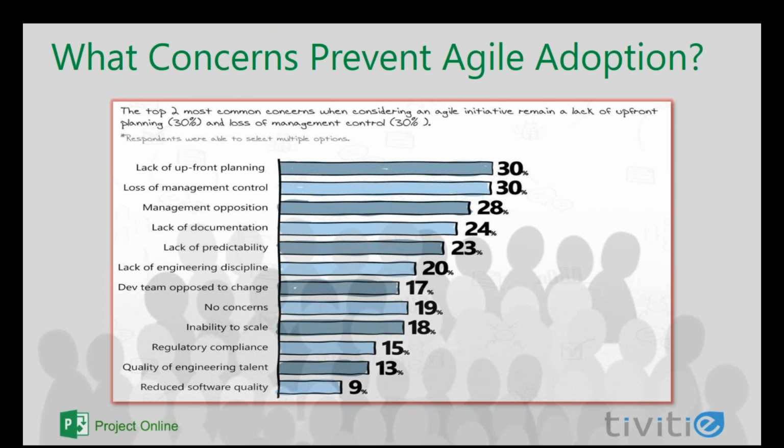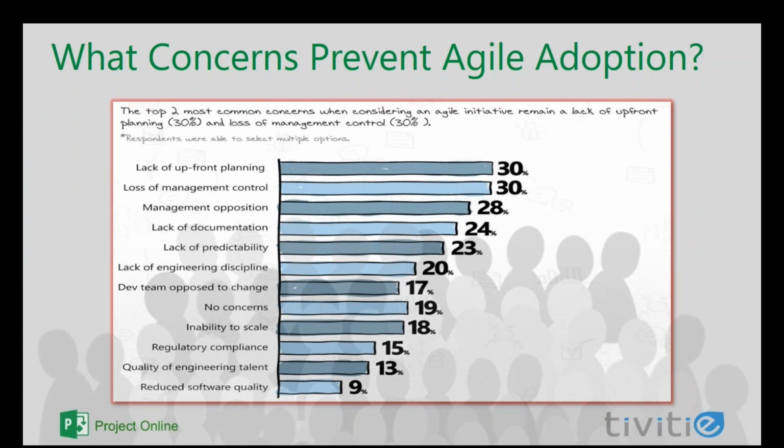What are some of the concerns that prevent Agile adoption? Well, some of it really comes down to, and these are from the State of Agile survey as well, the perception that the lack of upfront planning is something that could be problematic. Loss of management control, at 30% of the respondents, were two of the key reasons. Management opposition, which I guess if those are the perceptions, that would breed the management opposition.